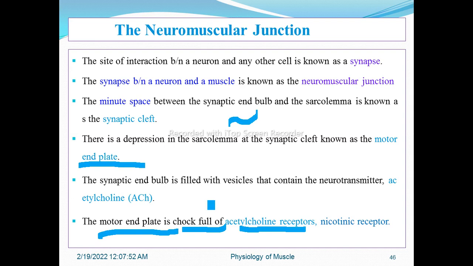Since the synaptic end bulb contains acetylcholine, the motor end plate of the muscle also contains acetylcholine receptors. This important receptor is known as the nicotinic receptor, which responds to acetylcholine stimuli to generate a potential.